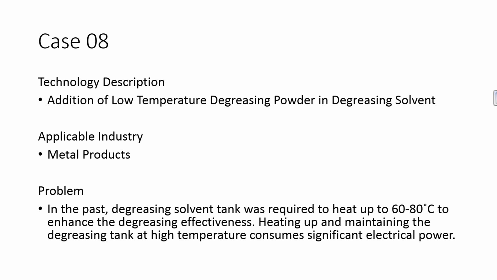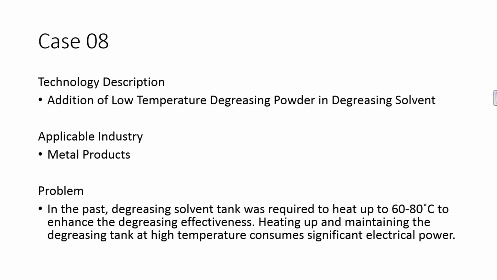Heating up and maintaining the degreasing tank at high temperature consumes significant electrical power. The solution for this is, in order to save energy consumption, low temperature degreasing powder can be added into the degreasing solvent tank.